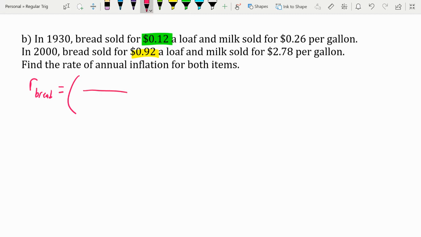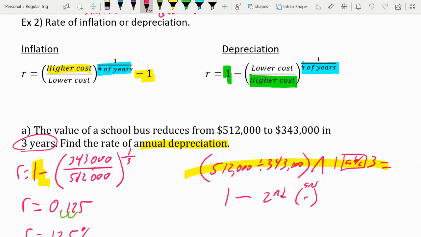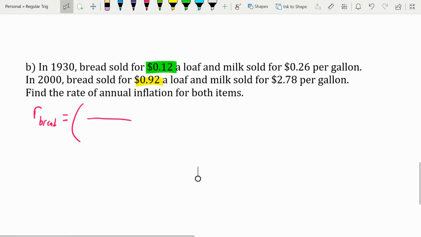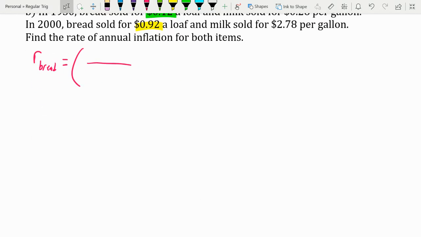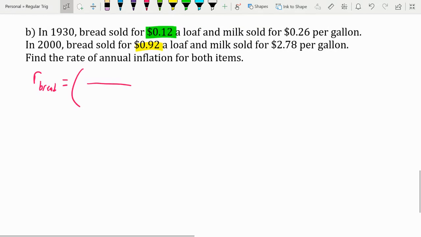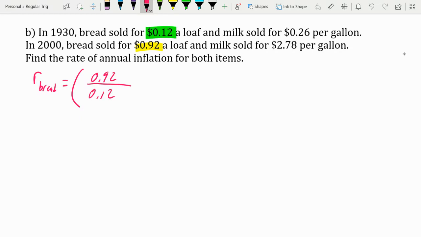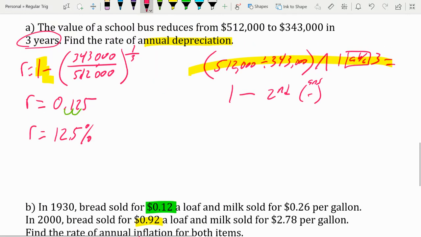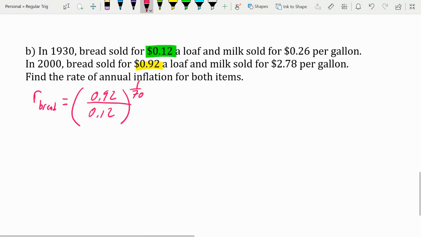All right, so again, just double checking. I don't want to screw this up. Higher cost, right? Because now I do not have these formulas memorized. So the higher cost, 0.92, lower cost, 0.12, raised to 1 over the number of years from 1930 to the year 2000, which is 70 years. And I do minus 1.